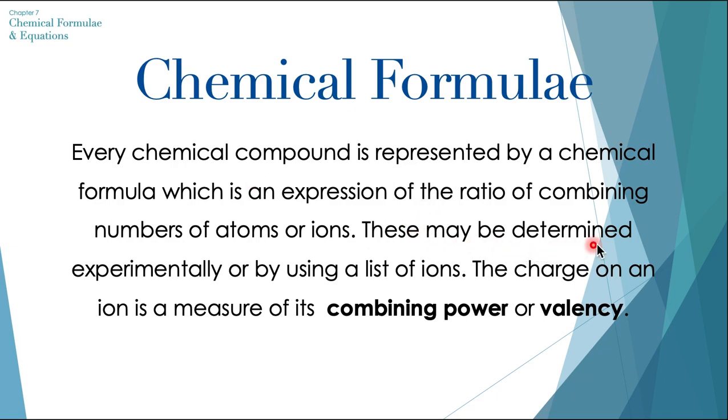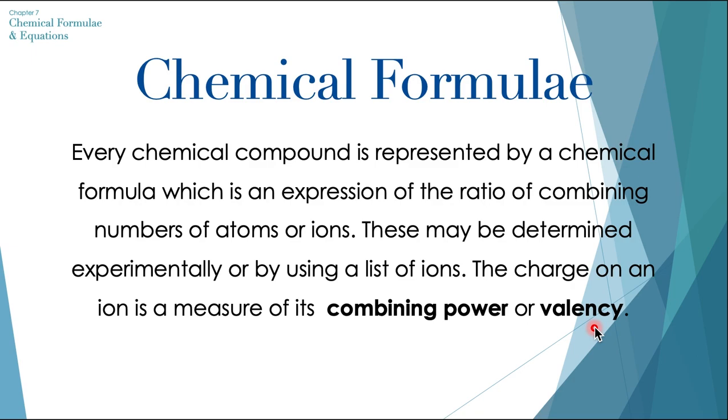So these may be determined experimentally or by using a list of ions. The charge on an ion is a measure of its combining power or valency. So atoms become ions. These ions bond together to form compounds which are neutral in the end. Like we read in the previous chapter, ions are obviously not stable.